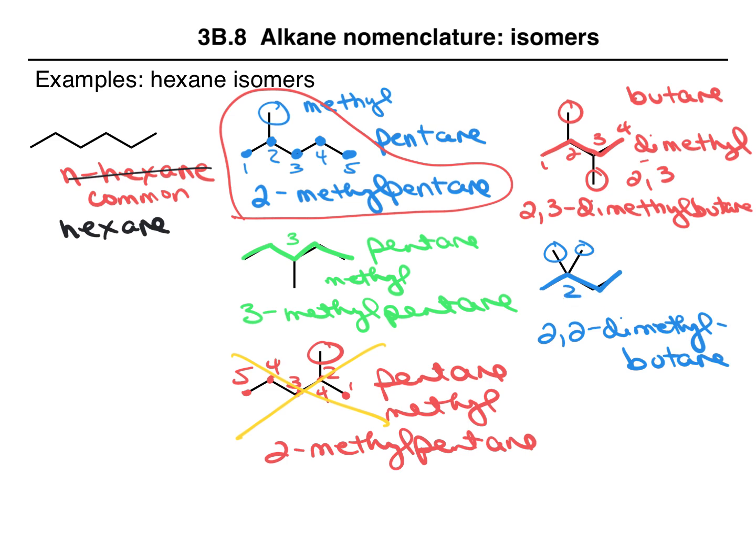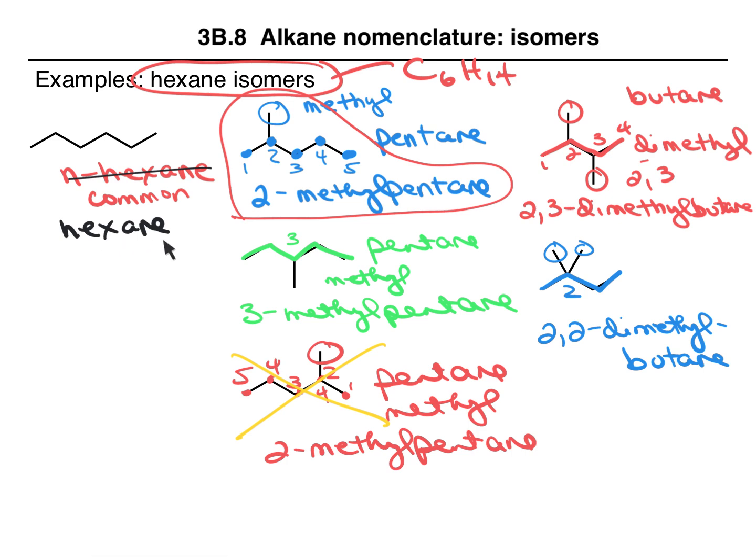So just by looking at the hexane isomers, we have applied 4 of the 5 rules for the systematic IUPAC naming. One other thing I want you to notice, I can talk about hexane as, I guess this would be like an adjective, hexane isomers. So here I'm talking about the group of compounds that are C6H14.